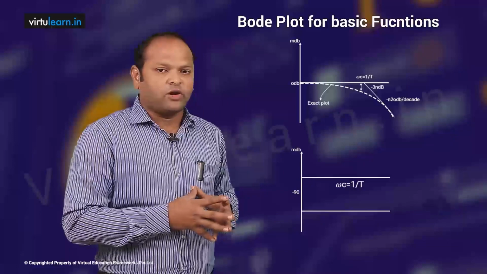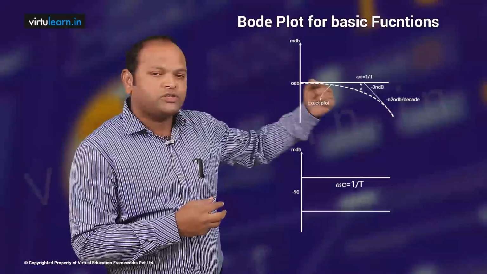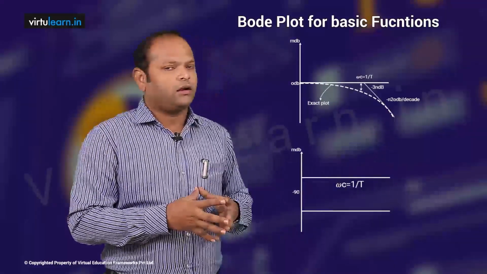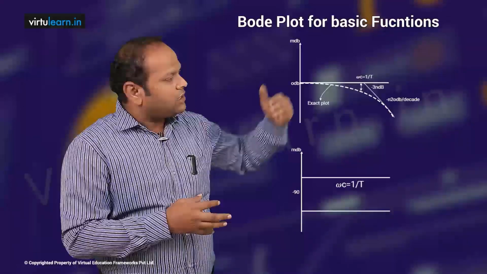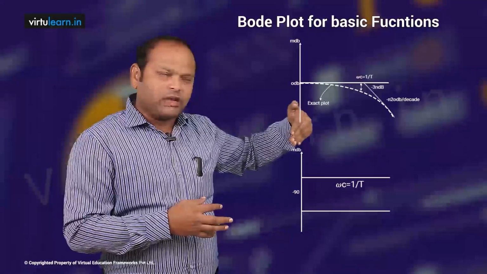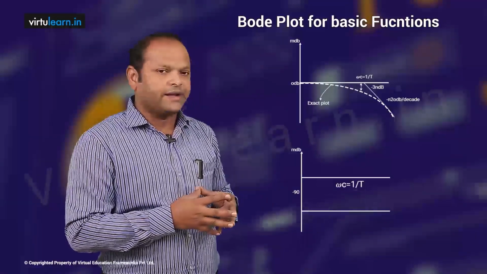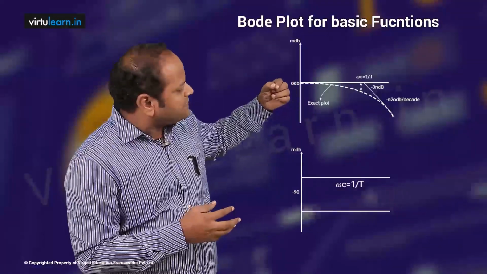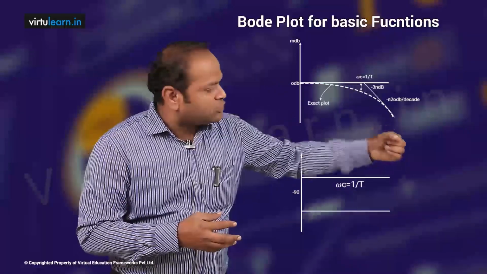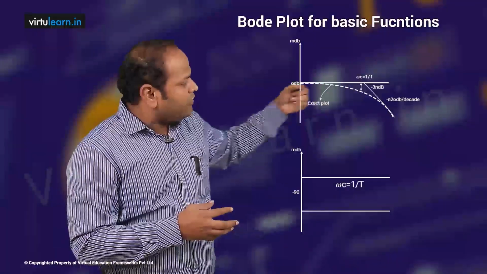And what is the phase plot? The phase changes from 0 to minus n 90 degrees, because before omega c we have 0 degrees, and after omega c we have minus n 90 degrees. So it starts like this and decreases to minus n 90 degrees, like this.